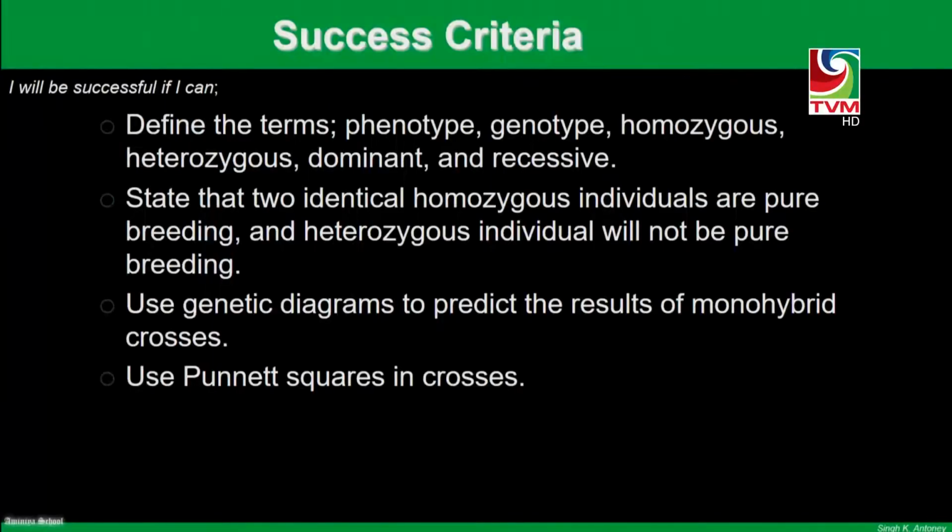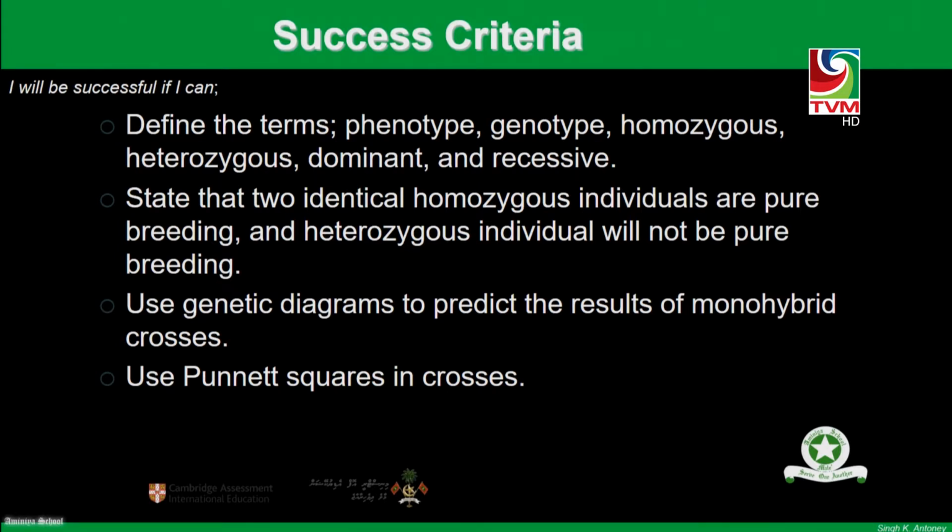First of all, we'll go through the syllabus content. By means of learning this lesson, you are supposed to know how to define the terms phenotype, genotype, homozygous, heterozygous, dominant, and recessive.